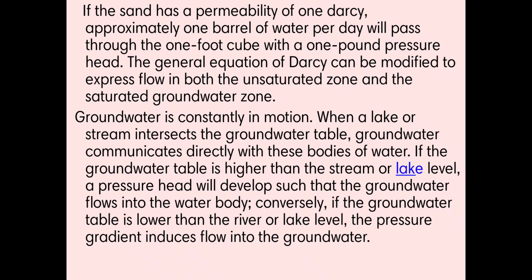If the sand has a permeability of 1 Darcy, approximately 1 barrel of water per day will pass through the 1 foot cube with a 1 pound pressure head. The general equation of Darcy can be modified to express flow in both the unsaturated zone and the saturated groundwater zone.